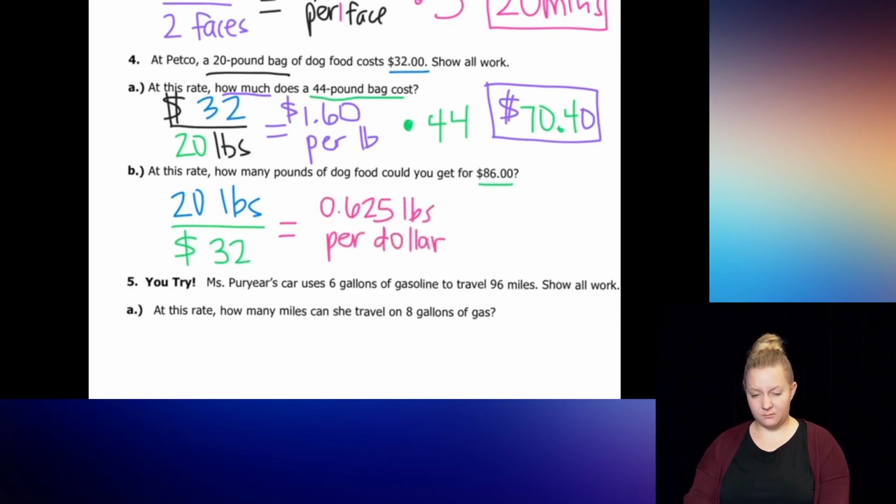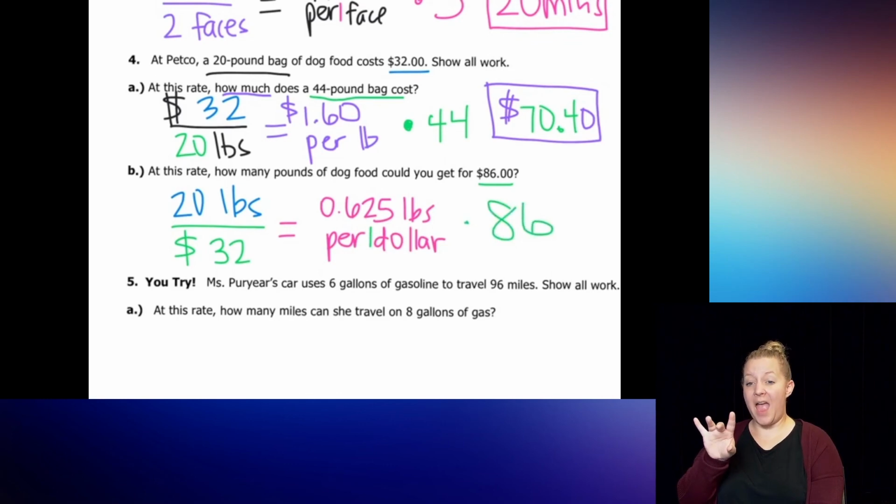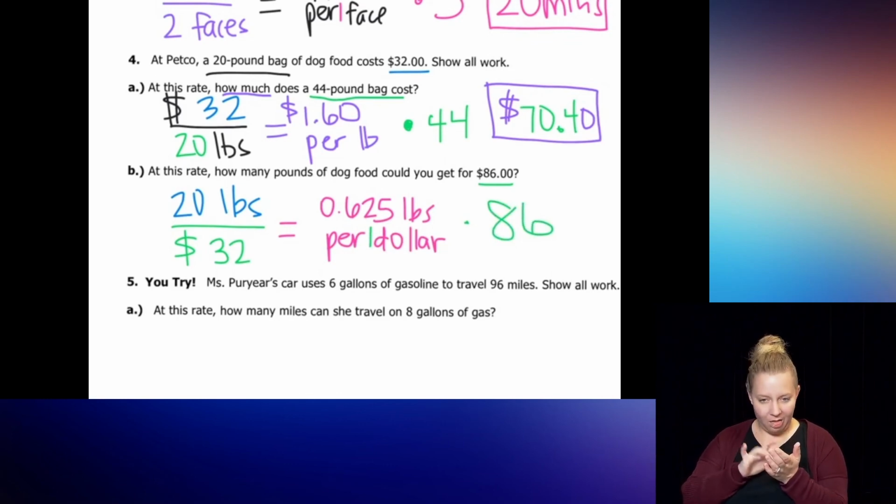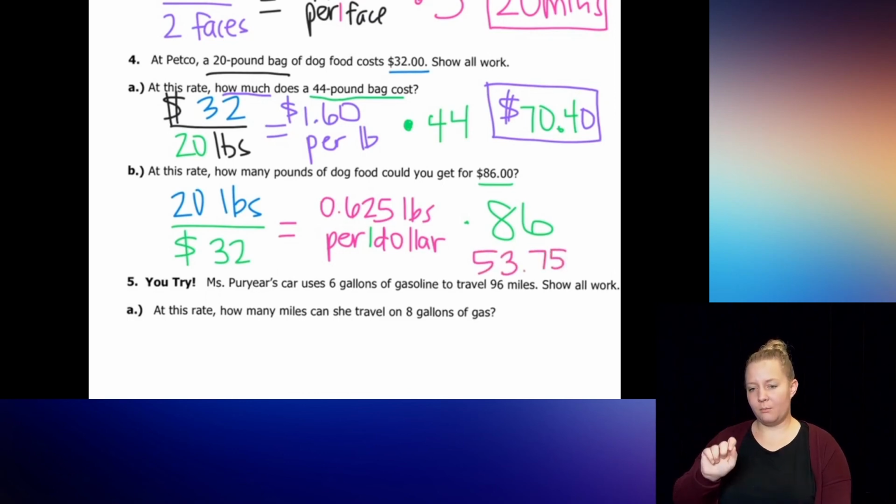But that's just for my per $1. So because that's just $1, I want to multiply that by 86. So in my calculator, I put 0.625 times 86. And we end up with a total poundage of 53.75 pounds right there.